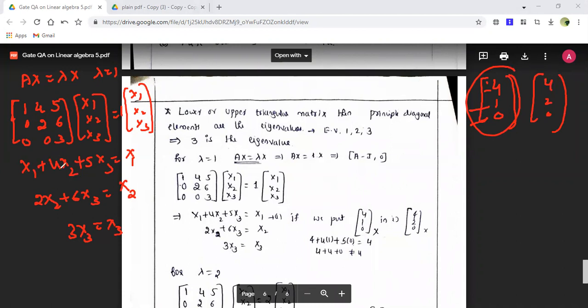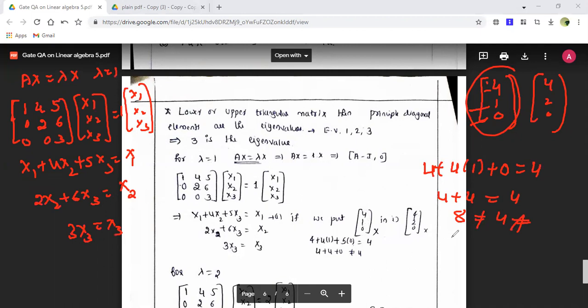If you check this equation, putting x1 equal to 4, it is 4 plus 4 into x2, x2 is 1, plus 5 into x3, that is 0, equal to x1, which is 4. So this is 4 plus 4, which should equal 4. That is 8 equal to 4, which is not correct. That means (4, 1, 0) is not an eigenvector corresponding to lambda equal to 1.